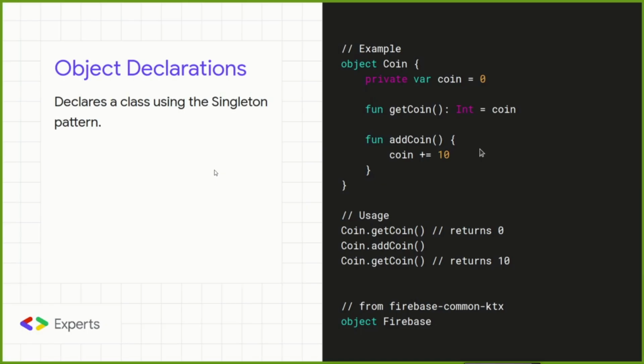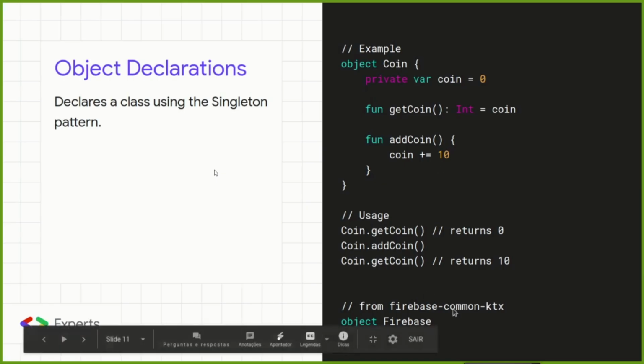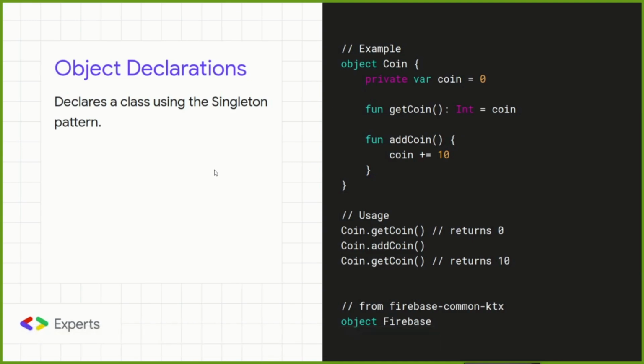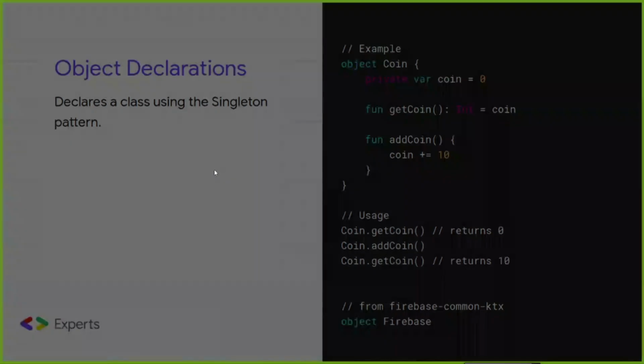But in this case, we're using the object declaration. We did a pretty simple thing, which was just declare object Firebase, and this class has no methods, no properties or anything. But that's because we added the functions as extension functions, which we'll see up ahead.